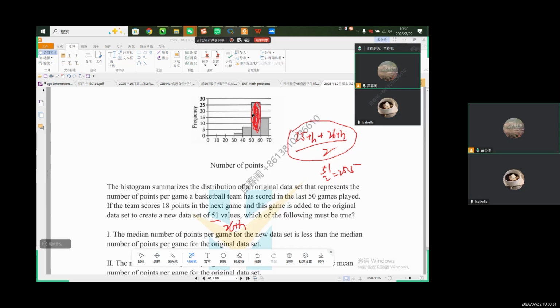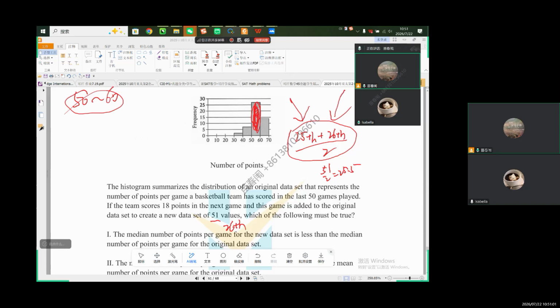But the problem is we don't really know the exact value. It's between 50 and 60. I can't even find the 25th or the 26th. So I guess it's around 50 to 60, but we don't really know for sure.